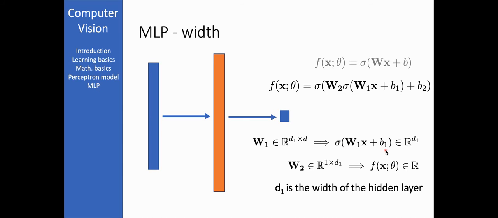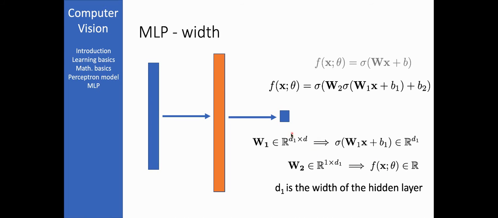Then I add a scalar, which means adding the same scalar to all dimensions. Then going through the nonlinearity, an element-wise application of the nonlinear function, this will still be D1 dimensional. W2, the transition from the hidden layer to the output, will be 1 times D1, so the output will be only one dimension.